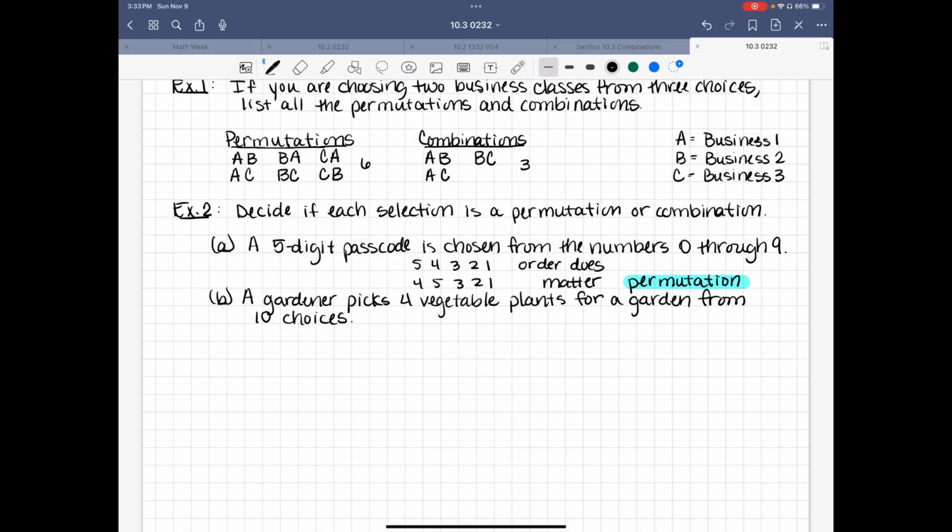Okay, so guys, maybe this gardener's gone to buy seeds, maybe at like Home Depot. So he's buying seeds and he's got 10 choices.